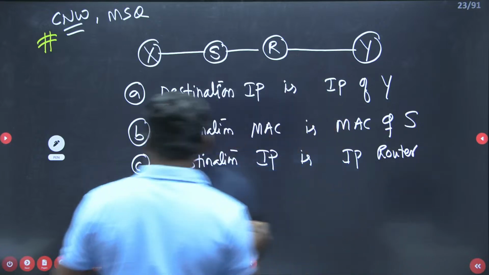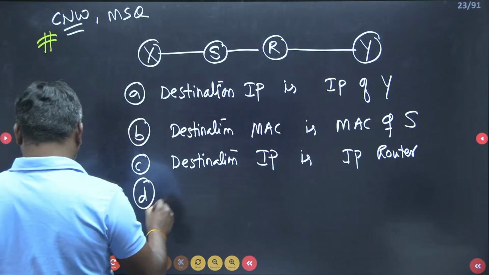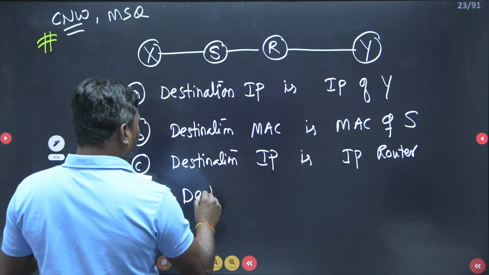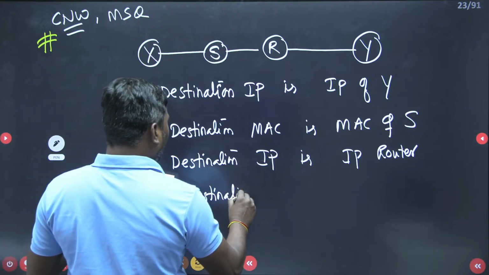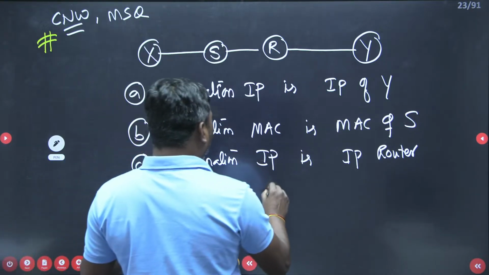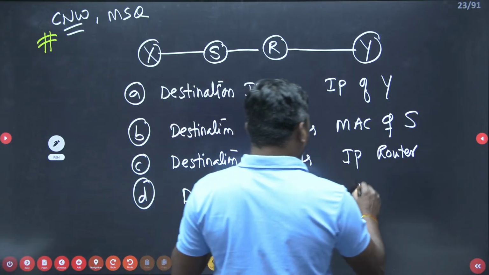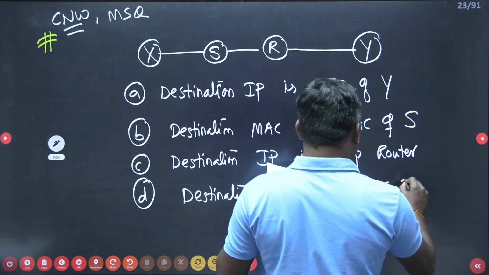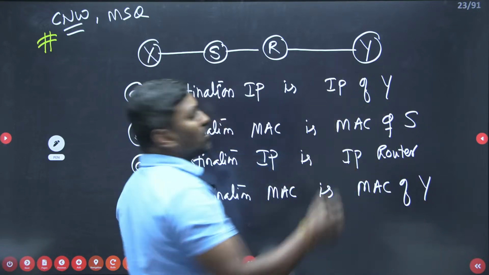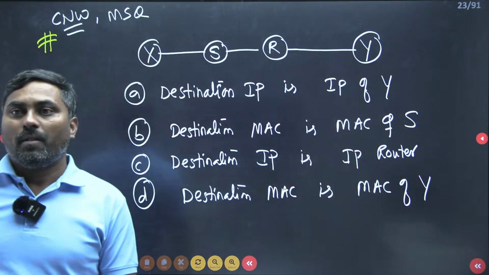Option D. Destination MAC address is MAC of Y, like the node Y.